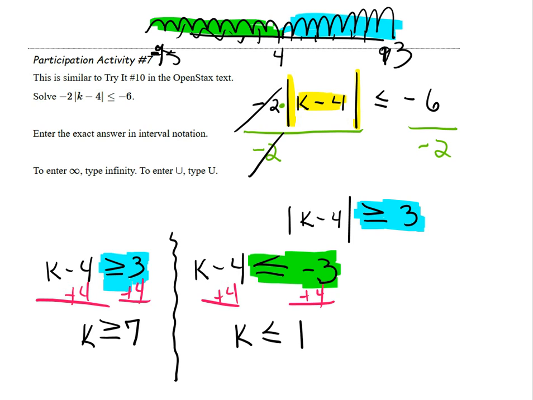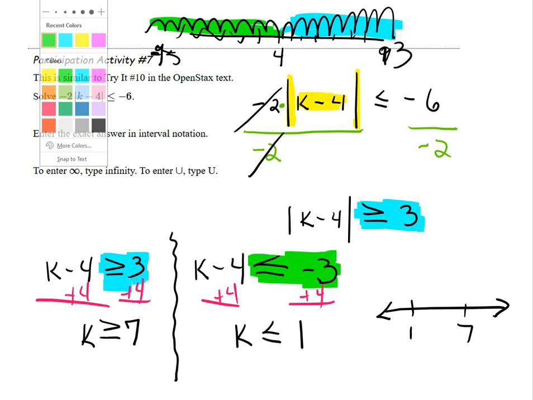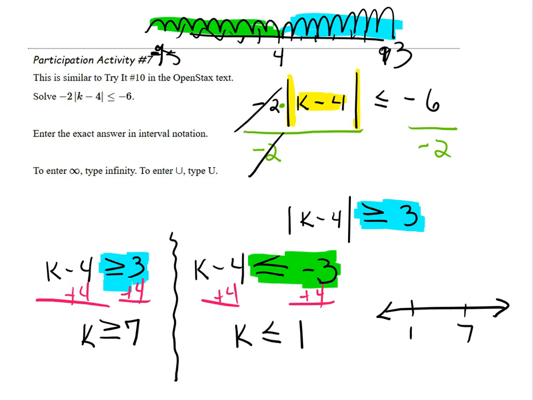Okay, now, if you were to graph this, somewhere down here is 1, somewhere up here is 7, right? For the blue one, when I do k is greater than or equal to 7, I would have a bracket here and I would be highlighting to the right.